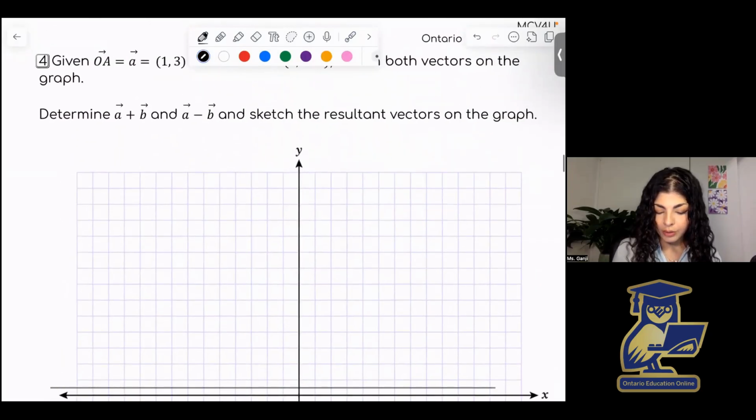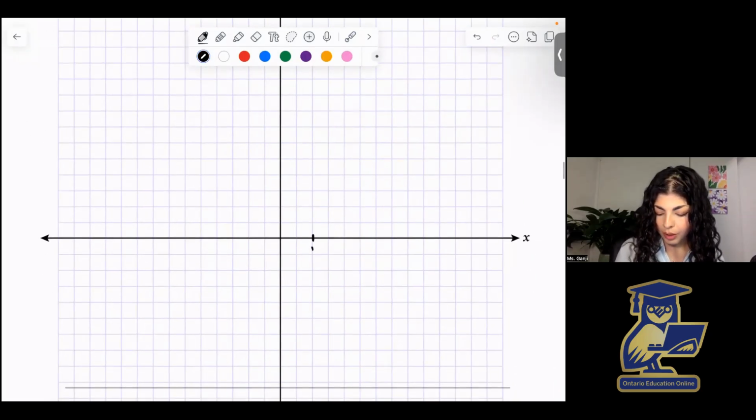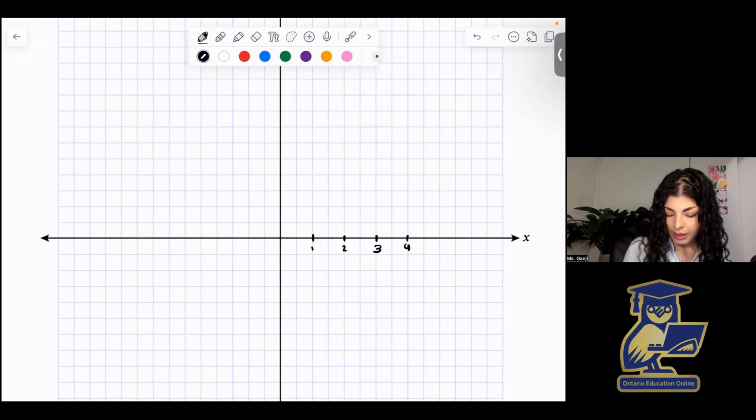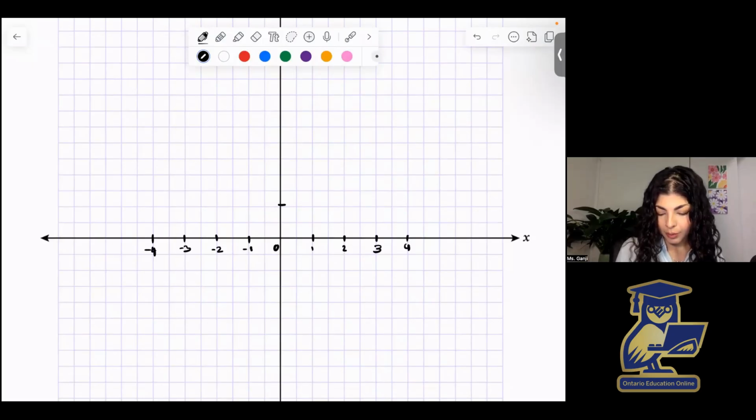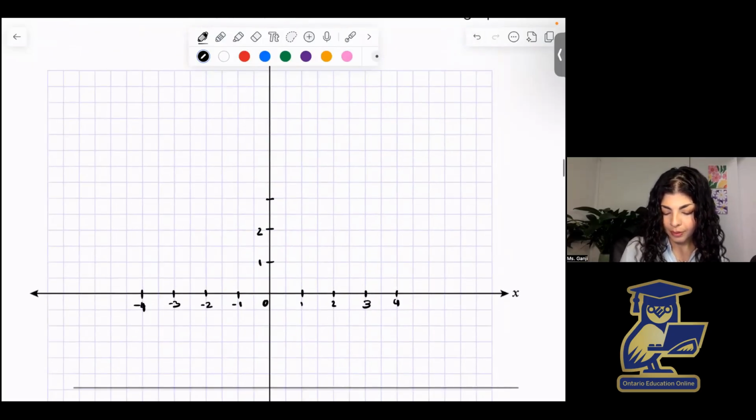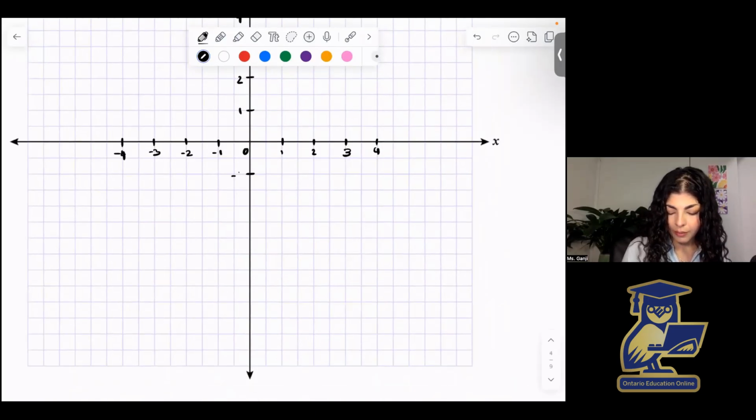So just looking at my numbers, maybe I can work with 1, 2, 3, 4, and here -1, -2, and here we have 0. And same thing, we go up 1, 2, 3, 4, and -1, -2, -4.